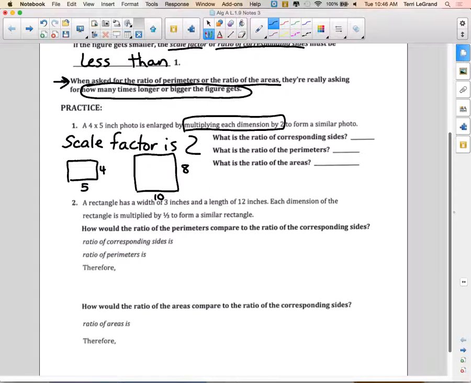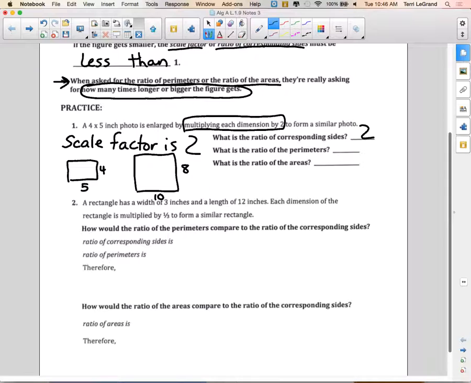So we could put 8 over 4, or we could put 10 over 5, couldn't we? And what do both of those simplify to? What's 8 over 4 the same as? 2 over 1, also known as 2, right? How about 10 over 5? 2. So it does sound like the ratio of corresponding sides is that scale factor of 2, isn't it?